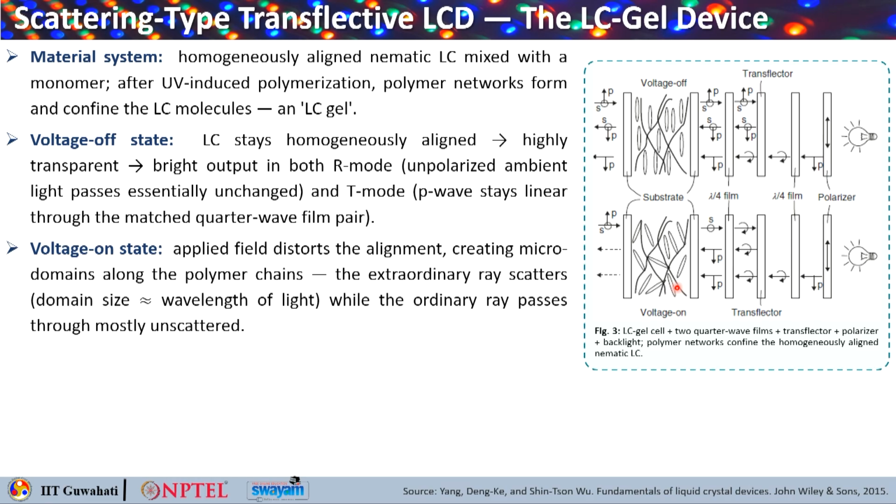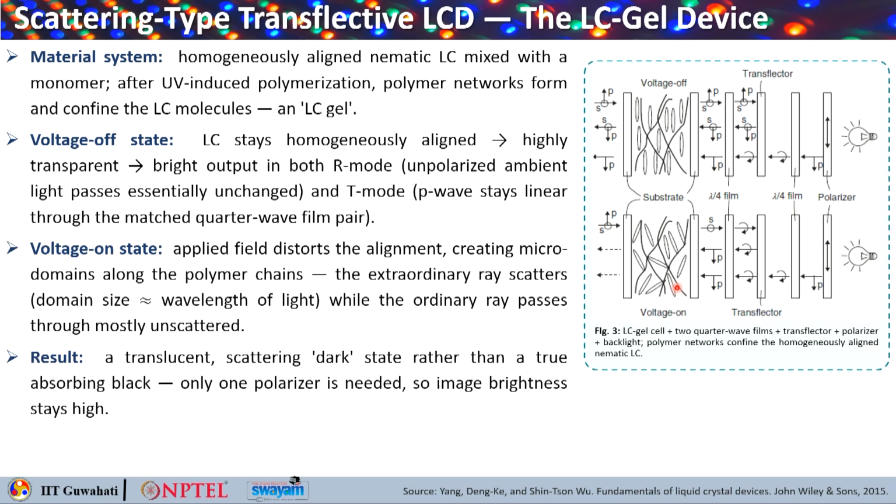Now what is the advantage of having a single polarizer for the brightness? Just like the absorption type design, the scattering design basically needs only one linear polarizer. As you have seen previously also, in the whole stack there is only one polarizer.